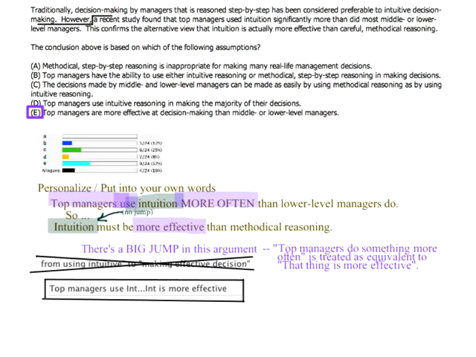If you do a negation method on this choice, if you do a negation of choice E, you get top managers are no more effective. They're not any more effective than middle or lower level managers.